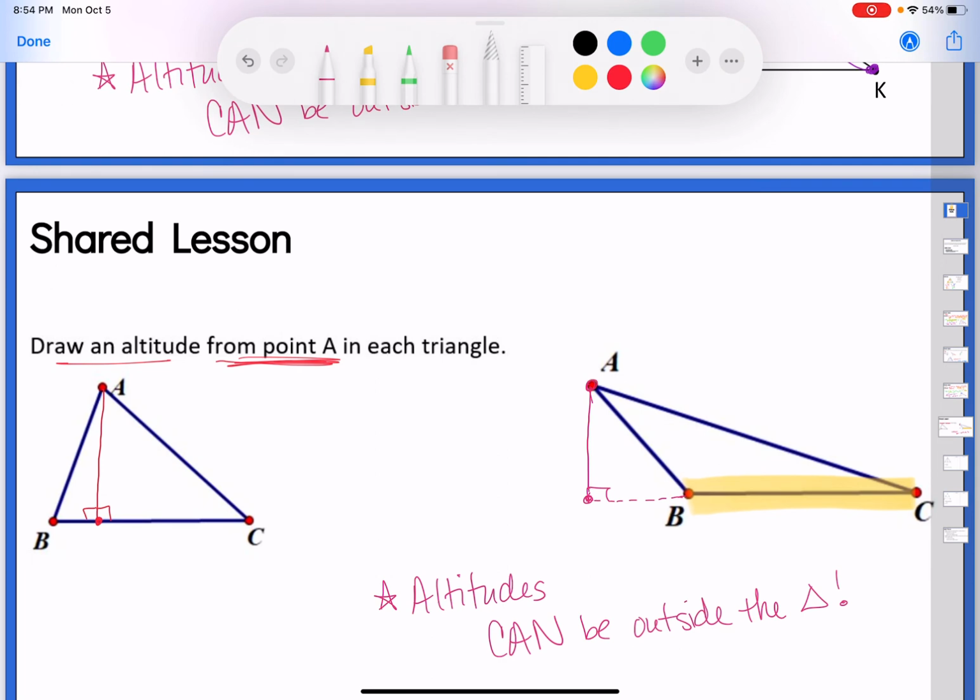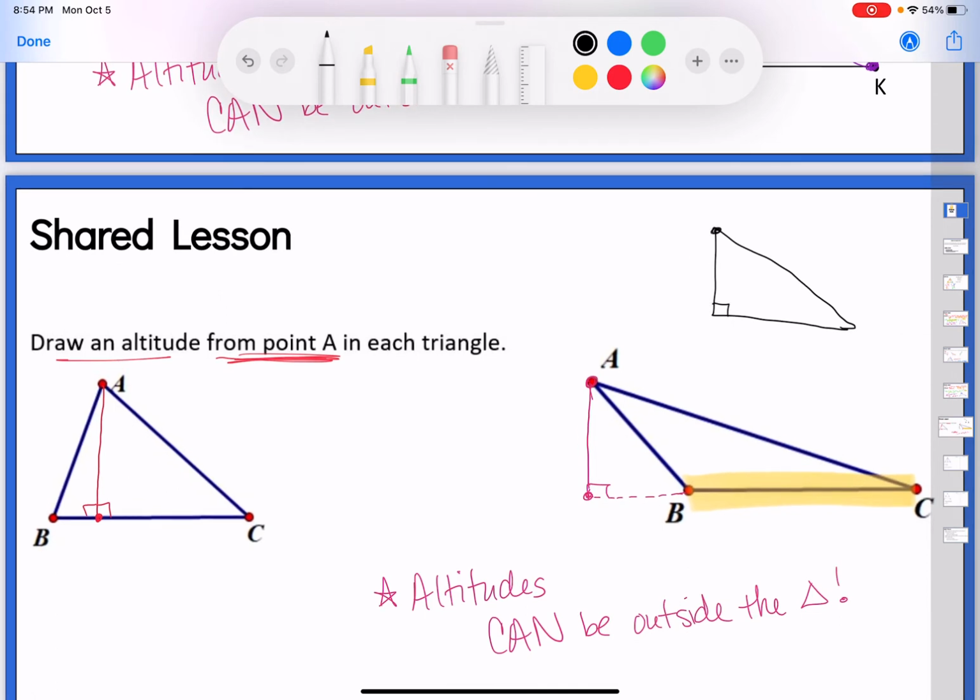If you had a right triangle, so if you have a triangle that looks like this, I apologize, say you know that this is a right angle, then we would say that segment AB is the altitude from A.